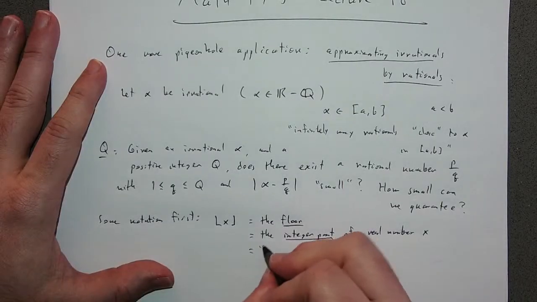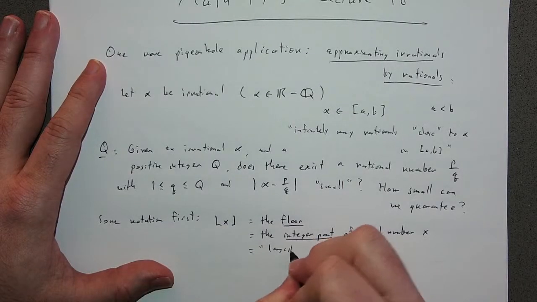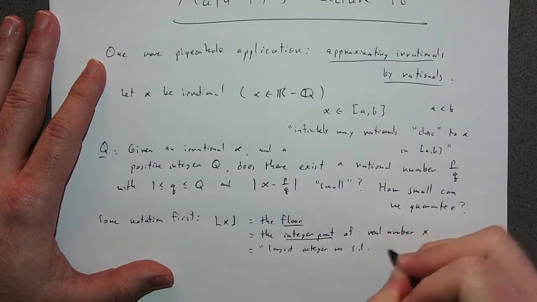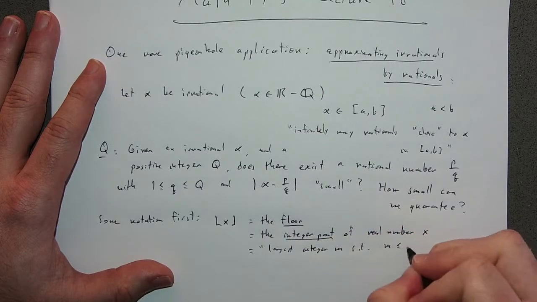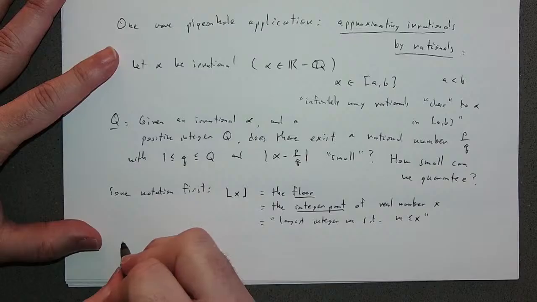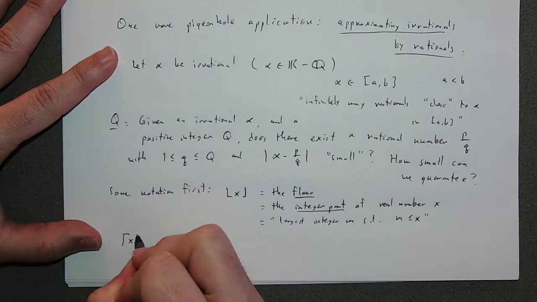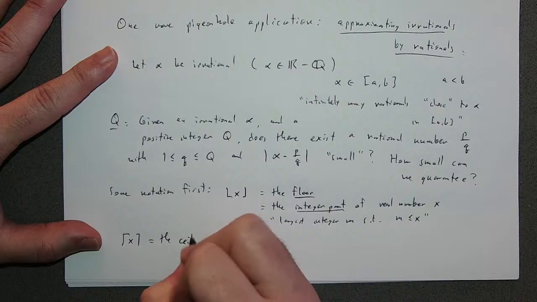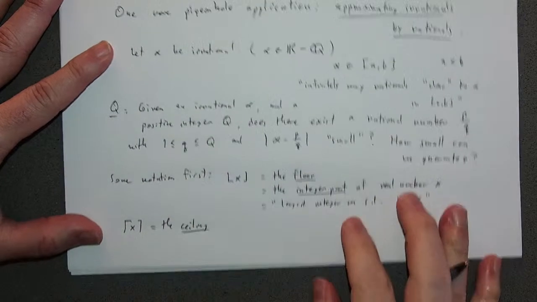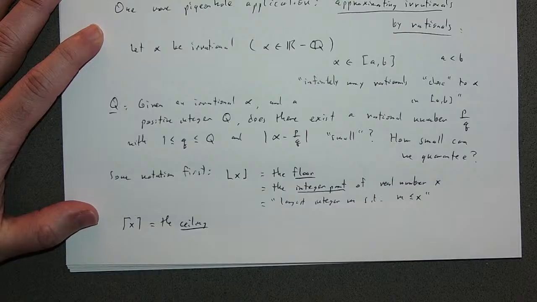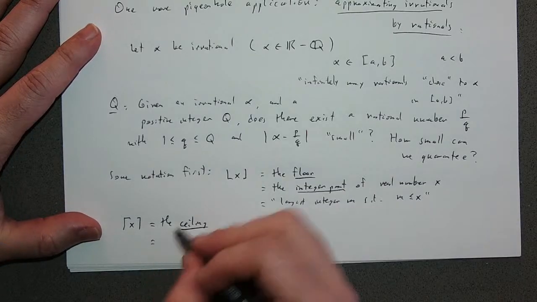So this is the largest integer m such that m is less than or equal to x. The ceiling function of x is the smallest integer m satisfying x is less than or equal to m.